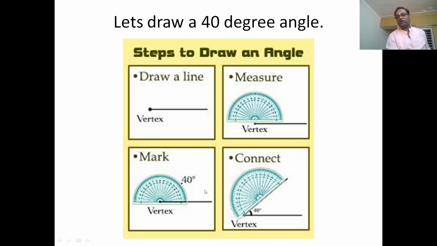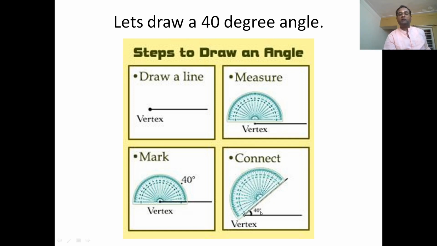I'll stop at 40 and here I'll mark a point. This point we will name P. That point P and vertex V have to be joined. So this P, V and the free end O, PVO, becomes a 40-degree angle.